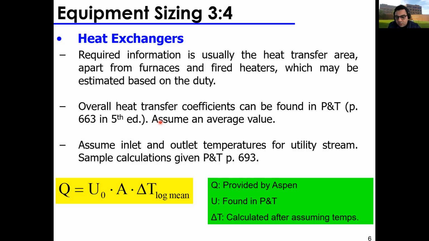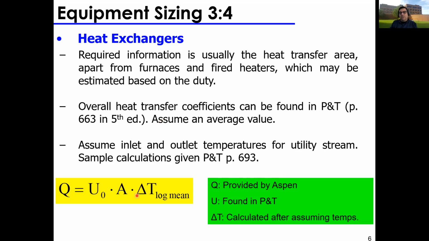So again, Q is provided by Aspen, so you can easily get the Q, the enthalpy of heat exchange, from Aspen, and this is a thermodynamic property. You can get it from thermodynamics if you're comfortable with this, but if you just put a heater block in Aspen, put in a feed stream, the composition, and you put in the final temperature, or you put in the final vapor fraction you want, it will calculate the Q for you.